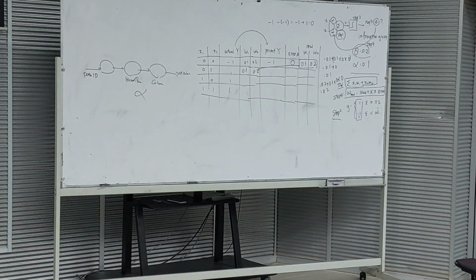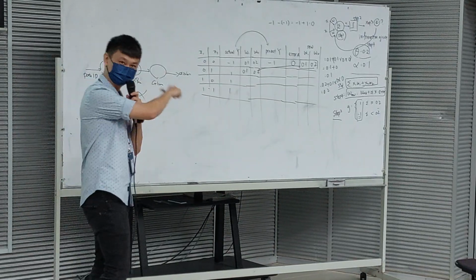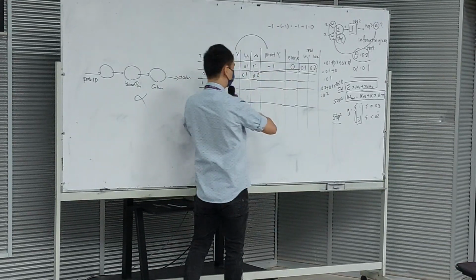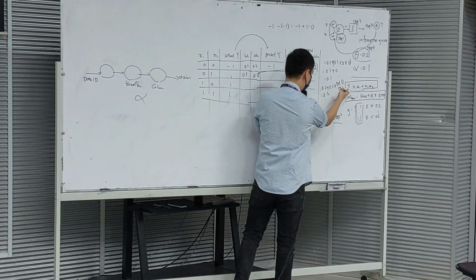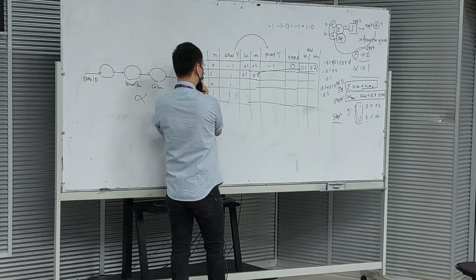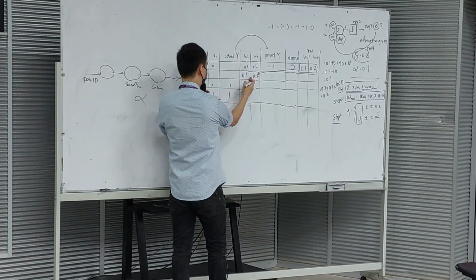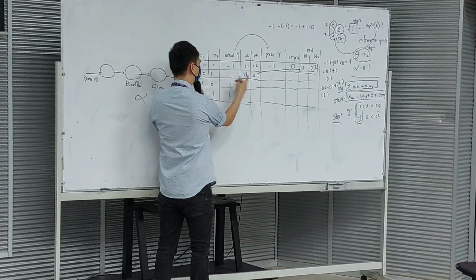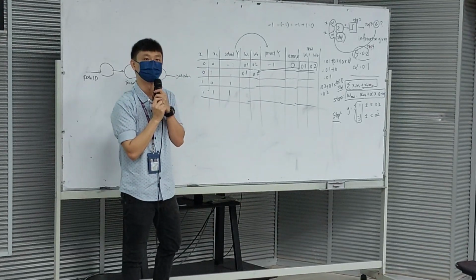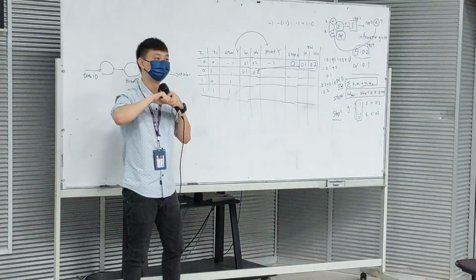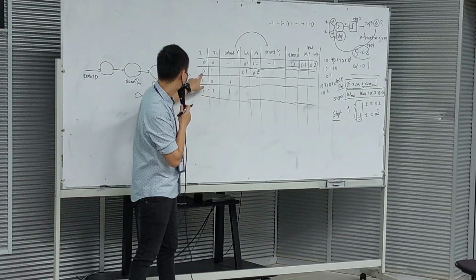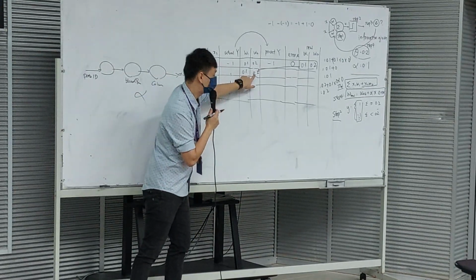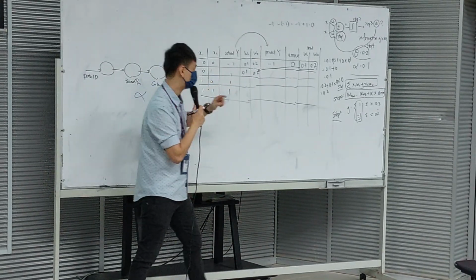Repeat for the second data, then you settle for this and this. Come back to here, W reset again, start over from step 1. X1 multiplied by this plus this multiplied by this, you get what value? This multiplied by this, you get 0, plus 1 multiplied by 0.2, you get 0.2.